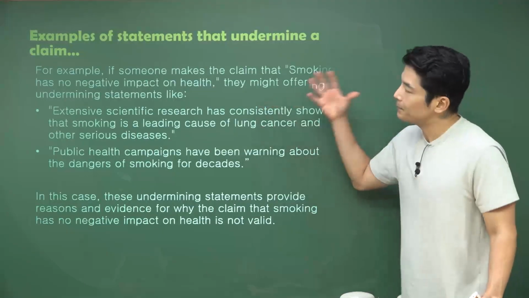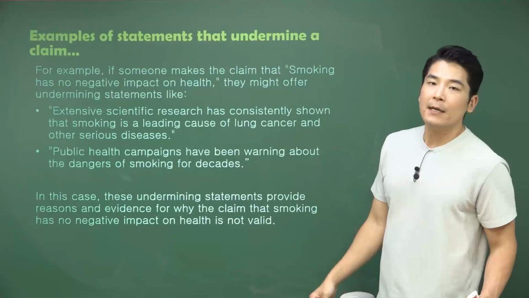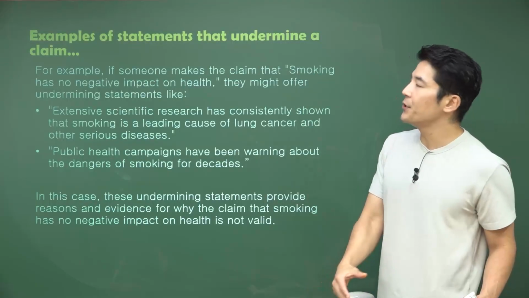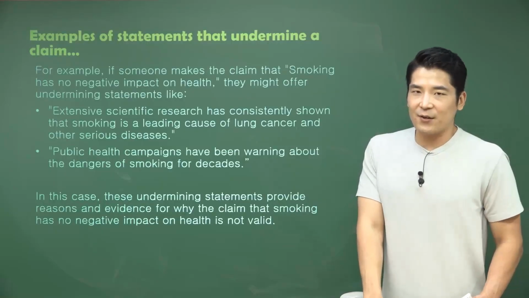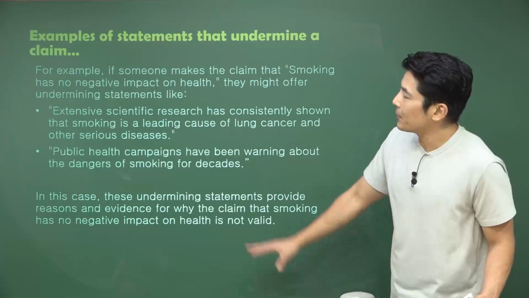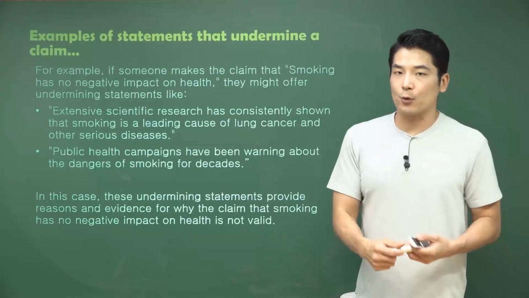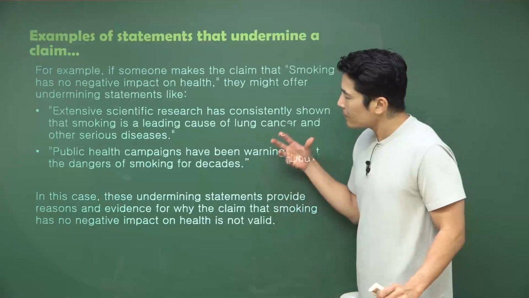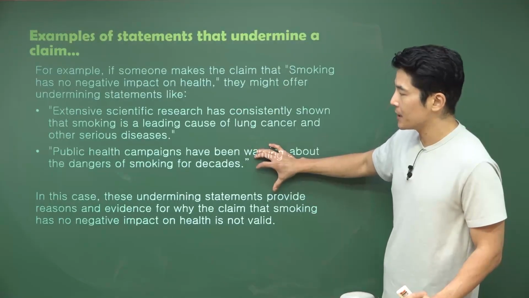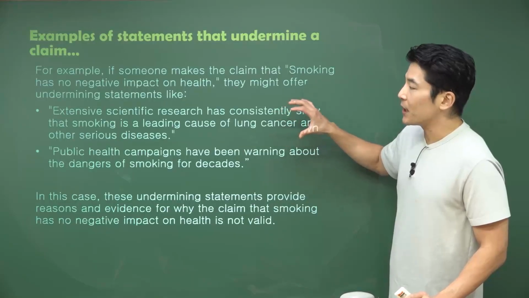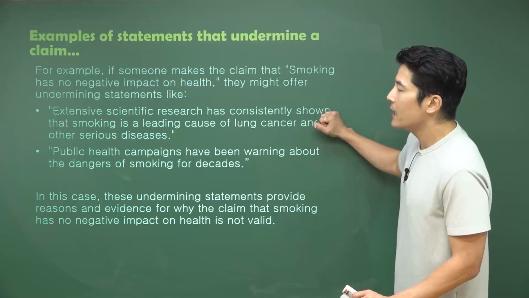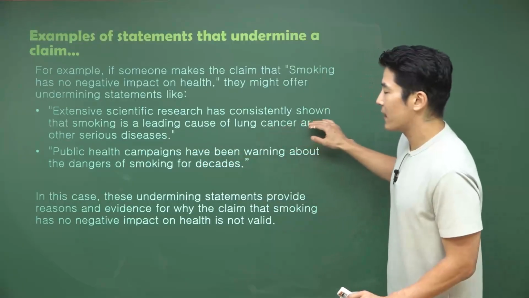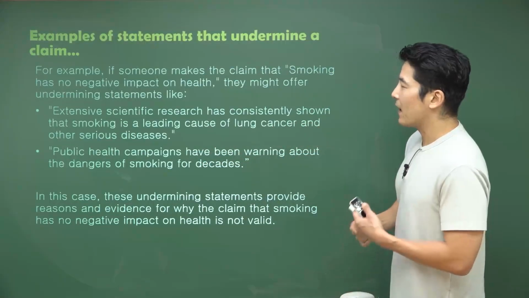So for example, if I have a claim and I say something like, hey, smoking has no negative impact on health, man, smoking doesn't affect your health at all. Some examples of undermining or weakening statements would be your answer choices. A correct answer could say that scientific research consistently showed that smoking is a leading cause of lung cancer and other serious diseases.